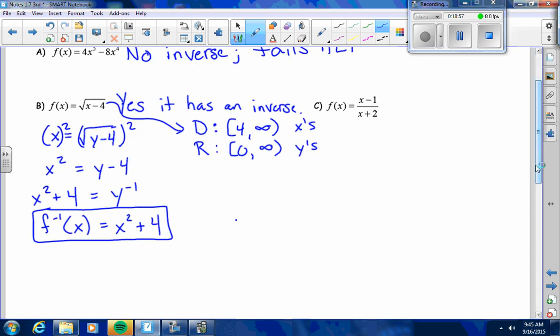So the original domain becomes the range of the inverse, and the original range becomes the domain of the inverse. So this restricted domain for this parabola, x squared plus 4, is what the range was. 0 to infinity.